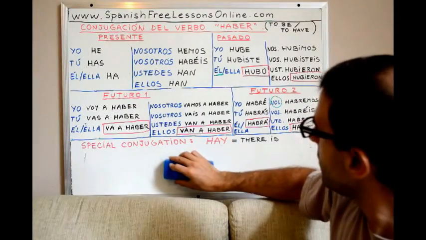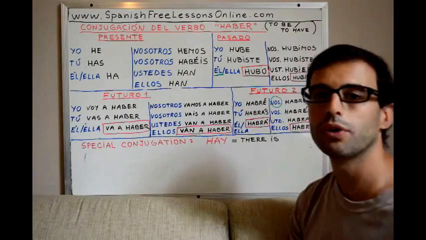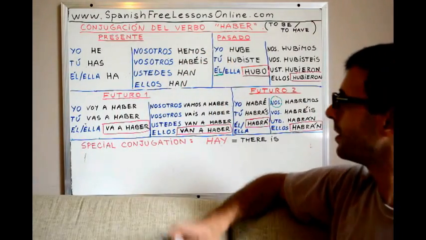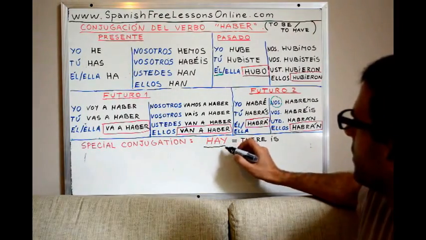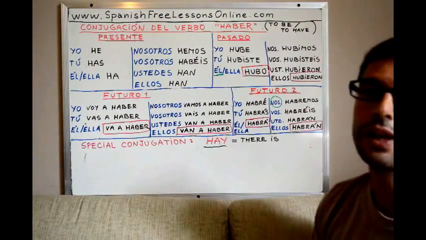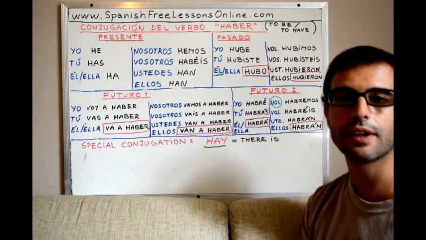And there's one special conjugation, one single word for the verb haber, right? It's this short word, hay. Hay means there is. You say it hay, just like that.